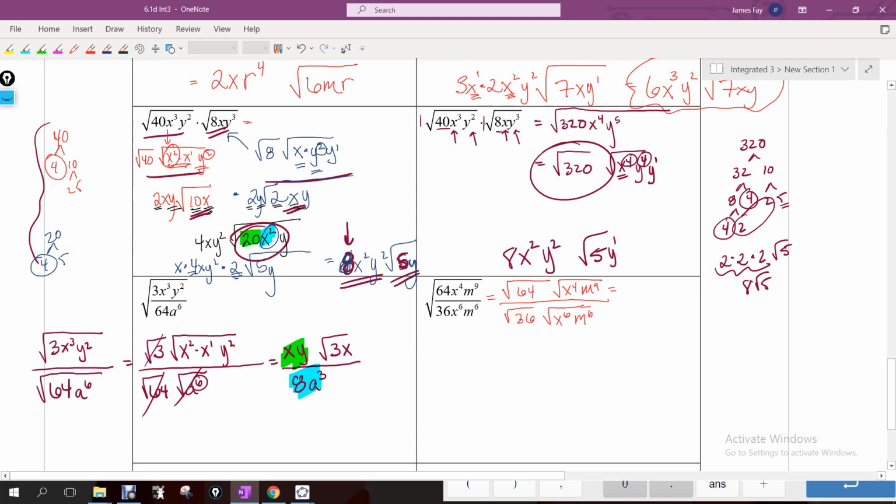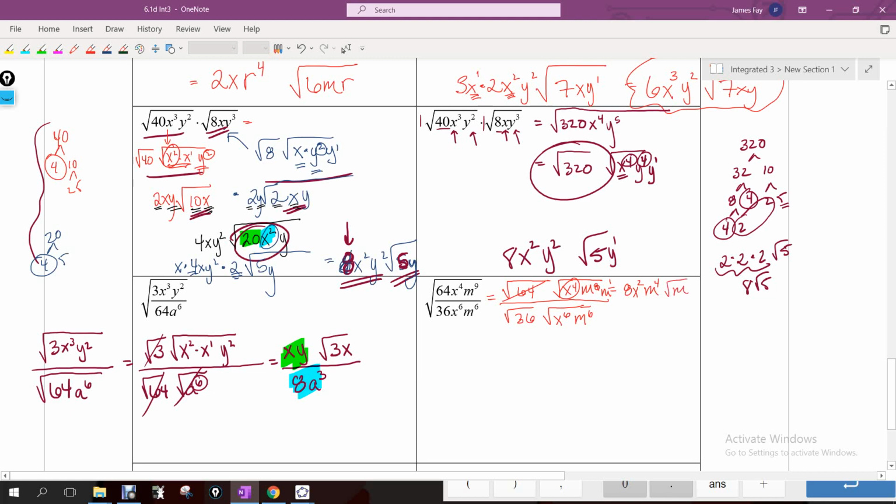Alright, so the top square root of 64 is 8. This x to the 4th, take half of it and it becomes x squared. M to the 9th, remember that's m to the 8th times m to the 1st. So the m to the 8th can come out as m to the 4th.